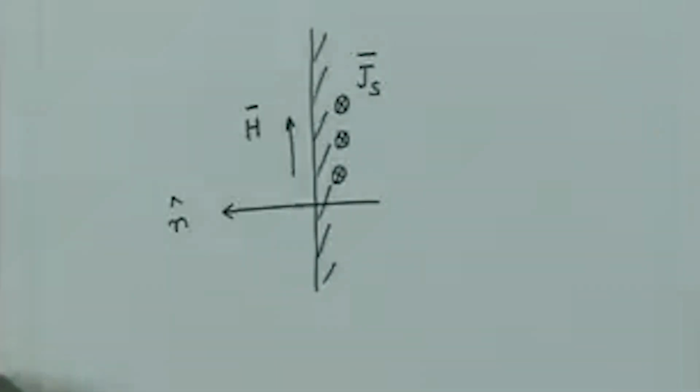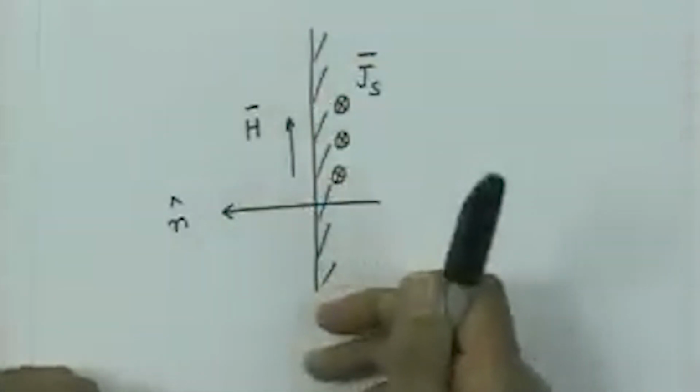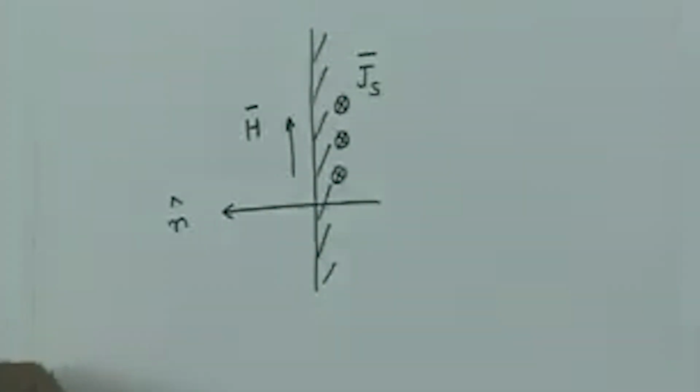One can now ask a question: if the surface current is flowing here, what is the driving mechanism for this surface current? As I already said, this is a phenomenon for infinite conductivity. If I take an ideal conductor, then maybe at some point of time instantaneously there was some electric field existing in this medium, and since it was a very short lived phenomenon, we had electric and magnetic fields together.